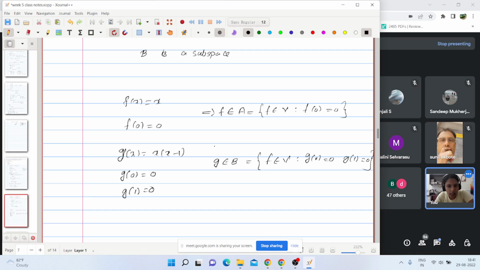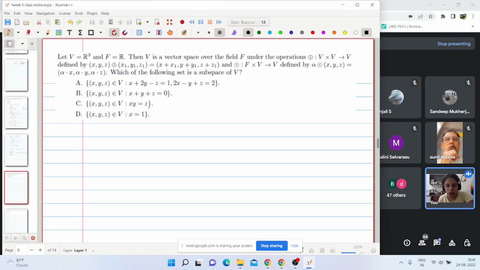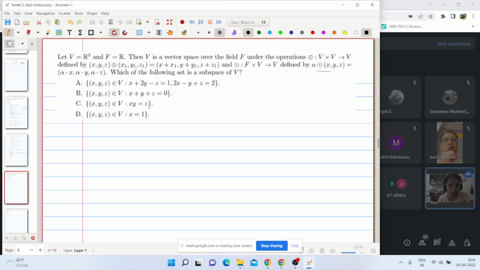Okay. Here we are given the vector space V equal to R3 over the field R, and the operation addition is given as the usual coordinatewise addition, and the multiplication is given as the usual coordinatewise multiplication. These two operations are given. So we know that V is a vector space, and we are given four subsets.